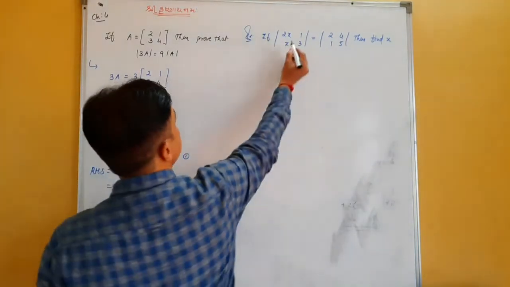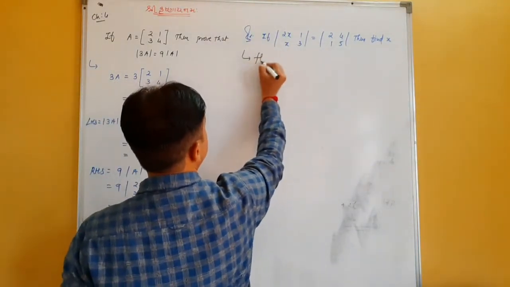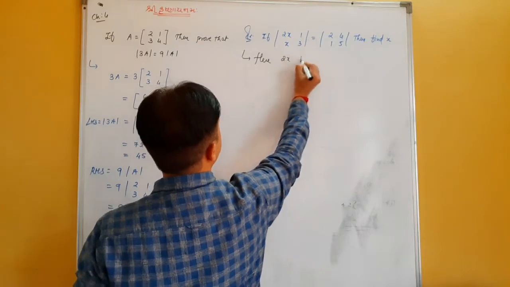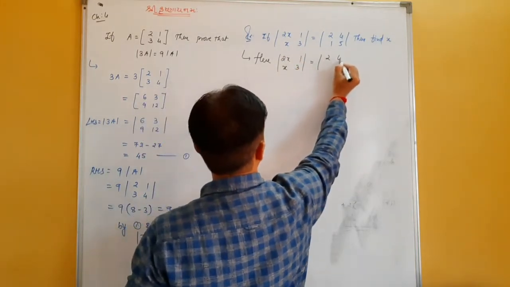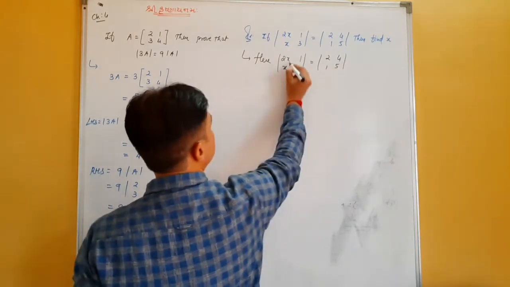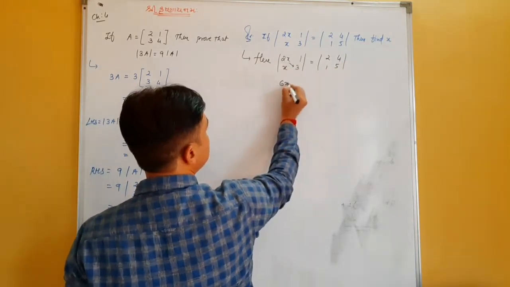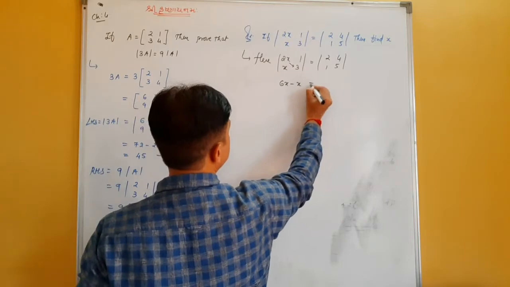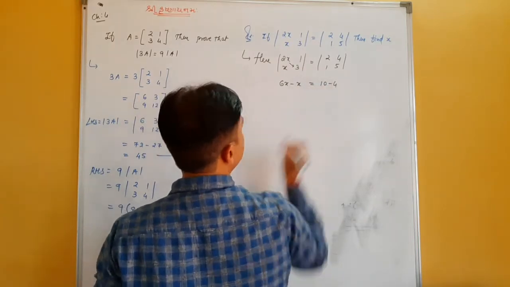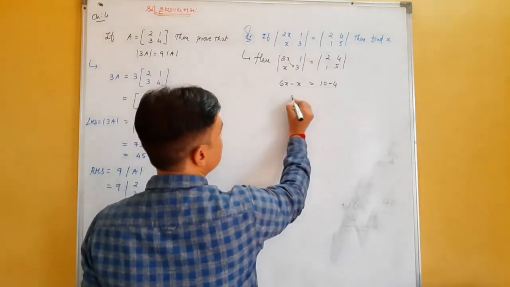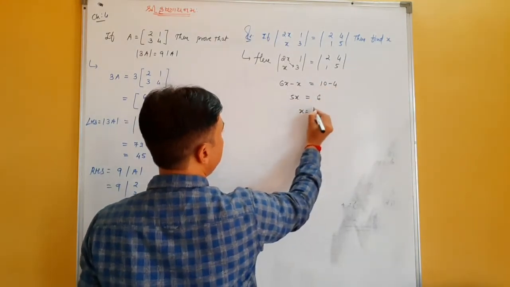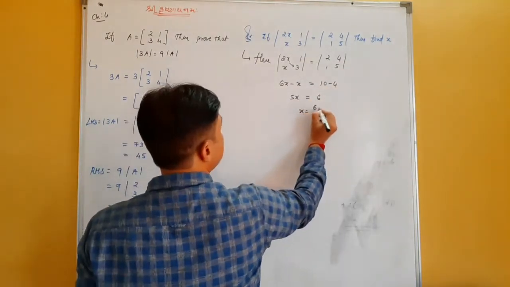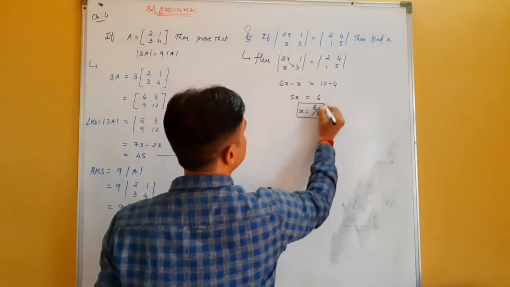Here, 3 twos are 6x minus x equals 5 twos are 10 minus 4. So this is 5x equal to 6. x equal to 6 by 5.